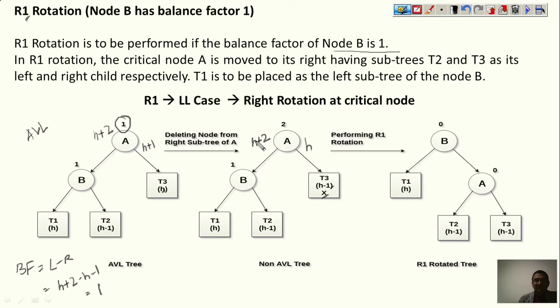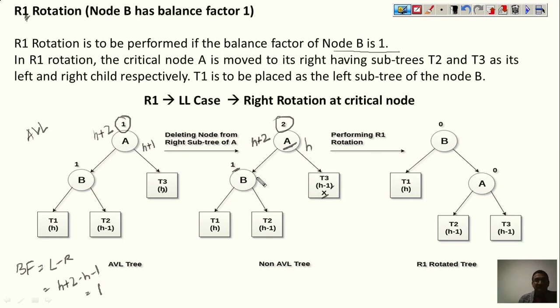When you subtract h plus 2 minus h, you get 2. That means this becomes unbalanced, and in our case this is the critical node A, this is the root of the left subtree, B, and the deletion is in the right subtree. The balancing factor value of this node B is 1, so we are in this case.